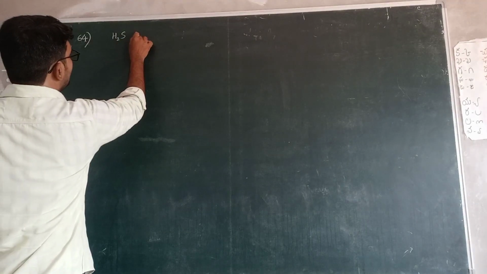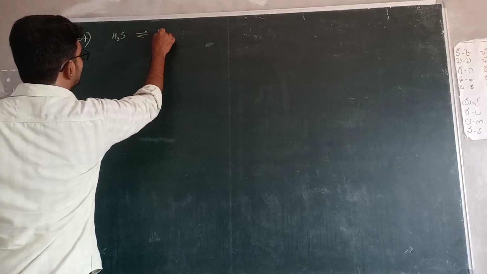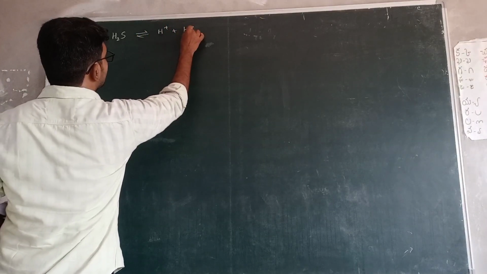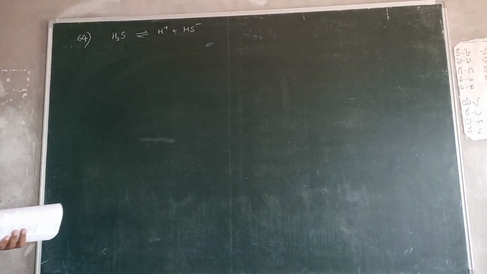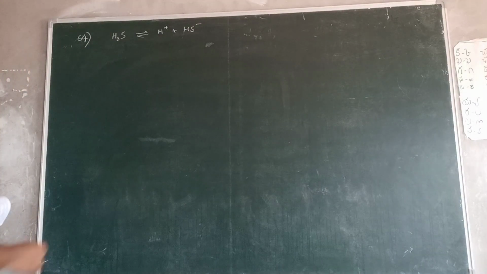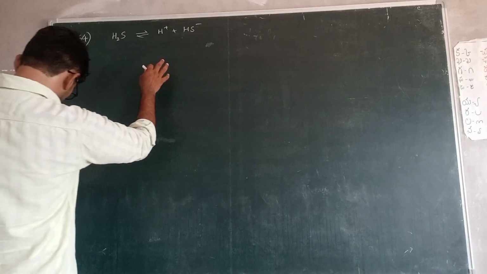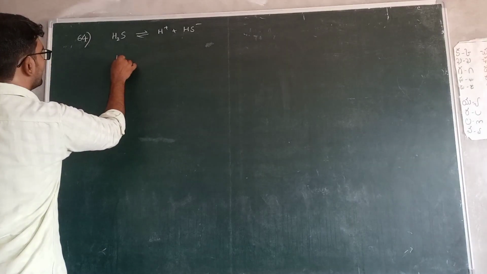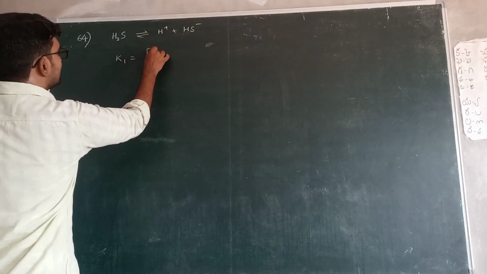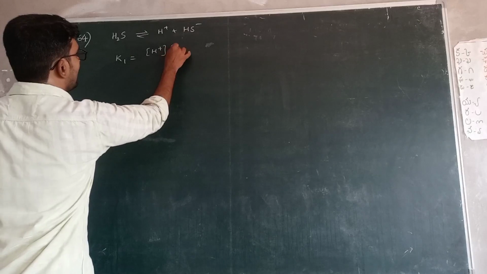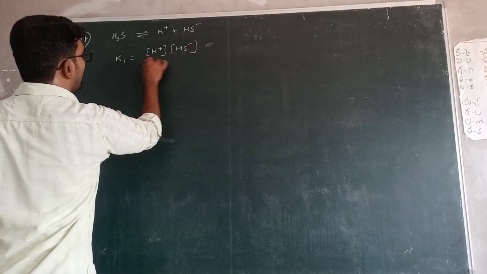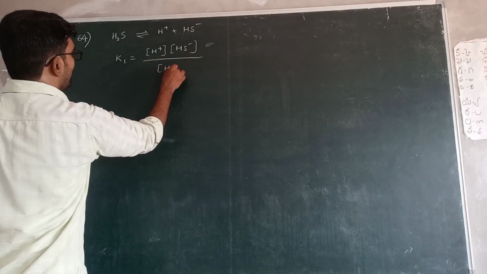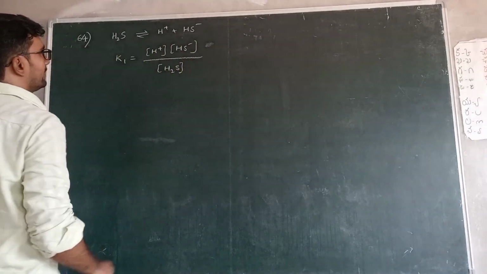H2S is initially dissociated as H plus plus HS minus. So the first dissociation constant K1 is equal to concentration of H plus into concentration of HS minus by concentration of H2S. This is the first one.